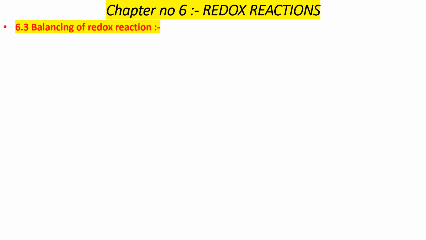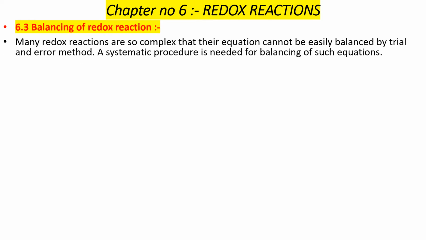In balancing of redox reaction, many redox reactions are so complex that their equations cannot be easily balanced by the trial and error method. So a systematic procedure is needed for balancing such equations.